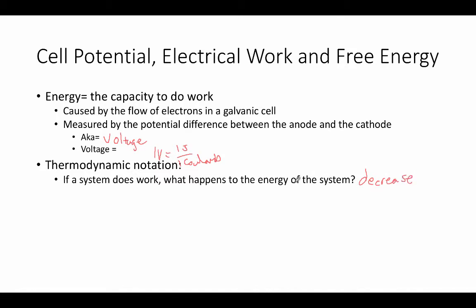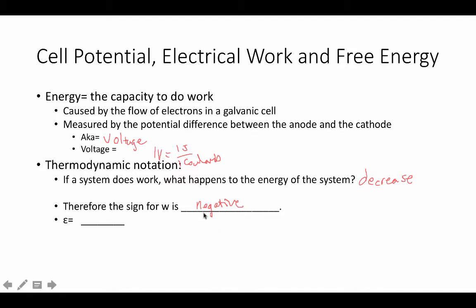And as a battery runs, it is doing work. So that means that the sign for W is going to be negative. Because if you're decreasing the energy, then the sign for W is going to be negative.